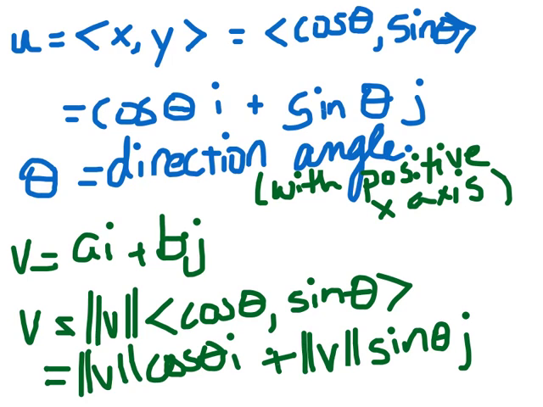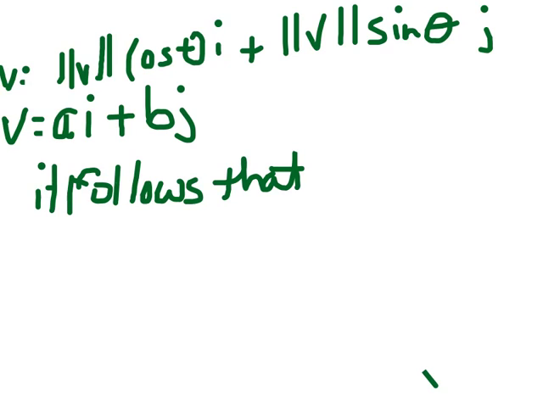Now, if you remember something from trig, I rewrote some statements that were on the other page. With those other statements, here's what we know. Don't we know from trig that the tangent of theta, of the angle, is the sine over the cosine?